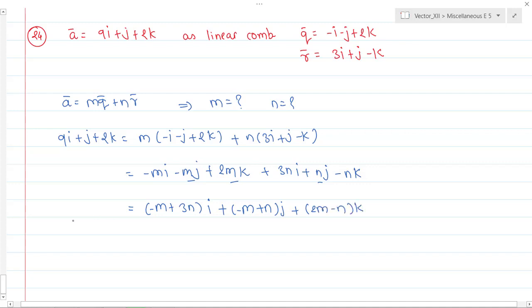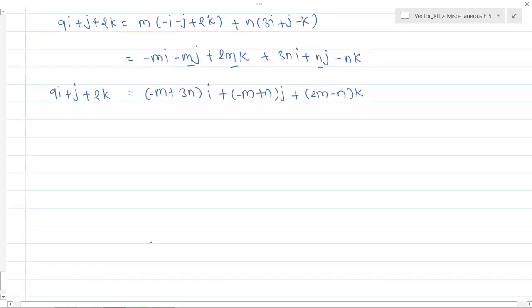So this is equal to 9i plus j plus 2k. Now as these two vectors are the same, LHS equals RHS, we can simply compare the coefficients. First, 9 equals minus m plus 3n. Next 1 equals minus m plus n, and 2 equals 2m minus n.